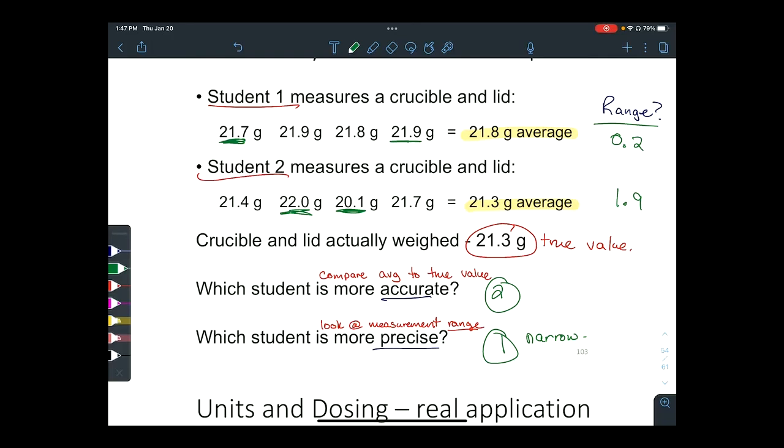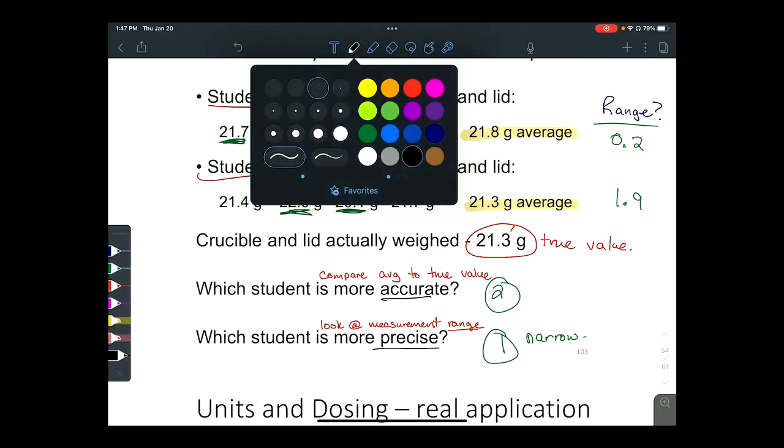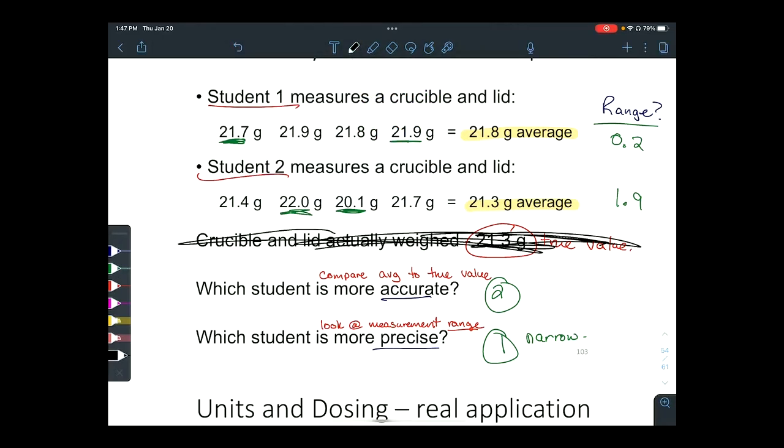So the question is what if I didn't give you the true value? If I didn't give you this, how would the answers change? The precision wouldn't change. Student 1 is still more precise, because that's just their grouping.